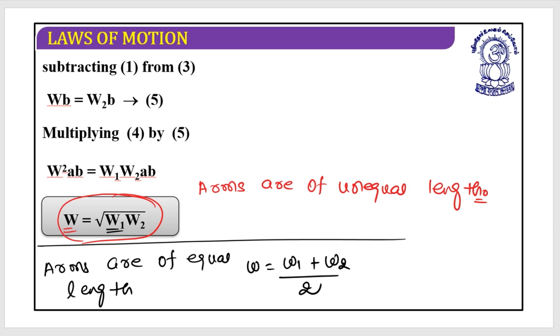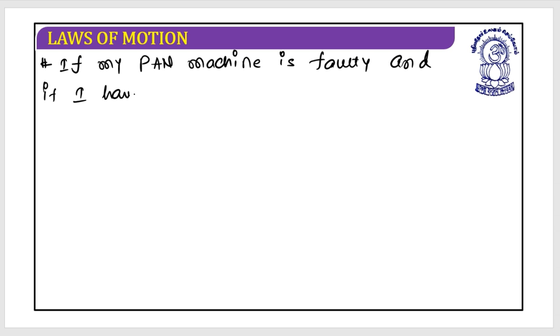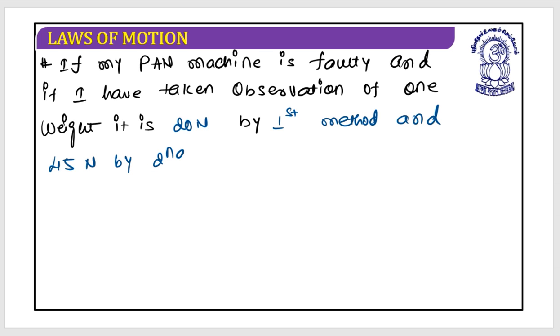Let's suppose my pan balance is faulty, and I have taken observations of one weight: it is 20 Newton by the first method and 45 Newton by the second method.